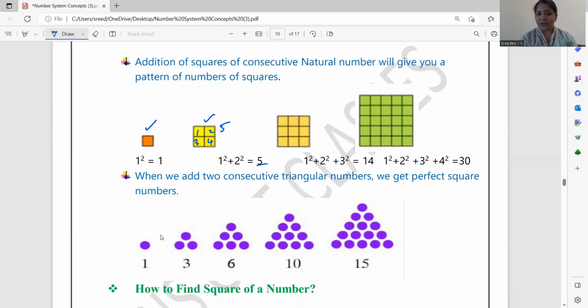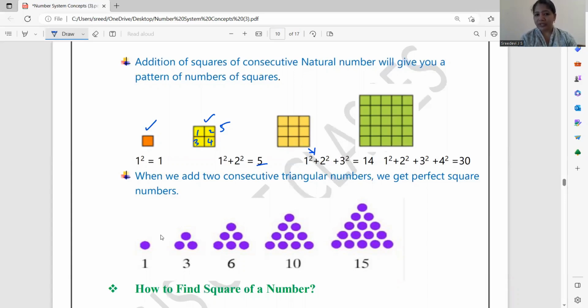So when you take 1 square, you get 1. Then 1 square plus 2 square. First 2 consecutive natural numbers are 1 and 2. When you add these squares, you will get 5, right? And when you add the squares of the first 3 consecutive natural numbers, 1 square plus 2 square plus 3 square, that is 14.